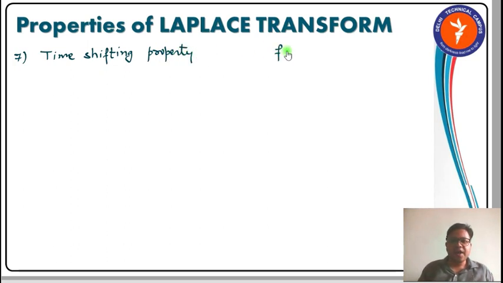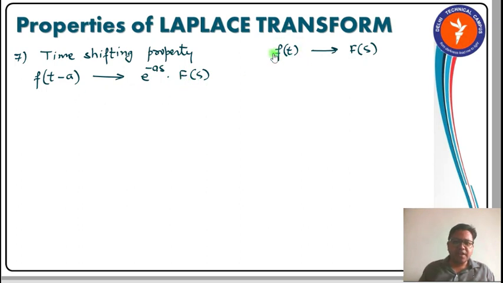That is, if we had a function f of t whose Laplace transform is F(s), then the Laplace transform of the time shifted function, that is f of t minus a, which has been time delayed, will be e raised to power minus as into F(s). That is, the time delay will multiply the Laplace transform of this function with e raised to power minus as.